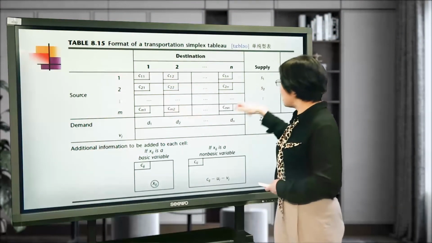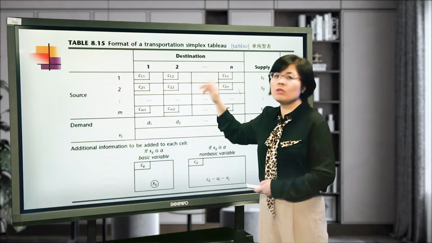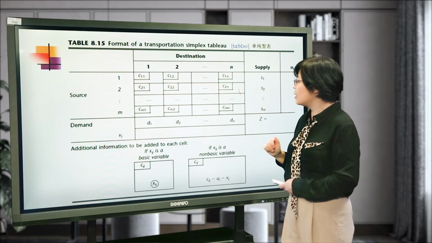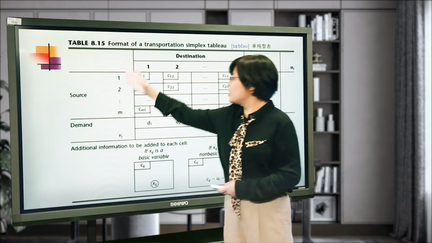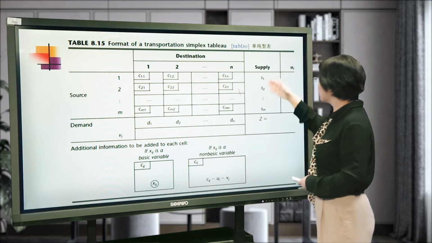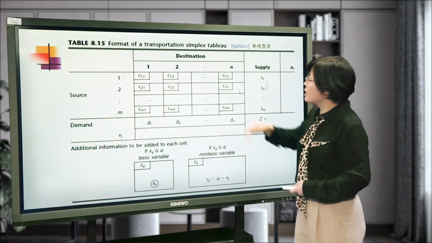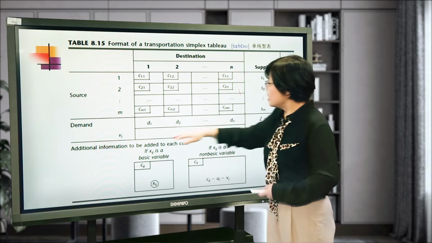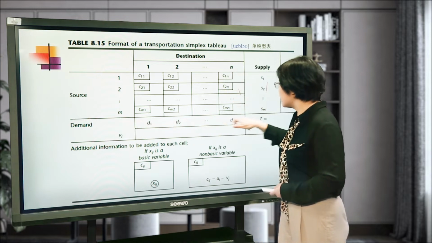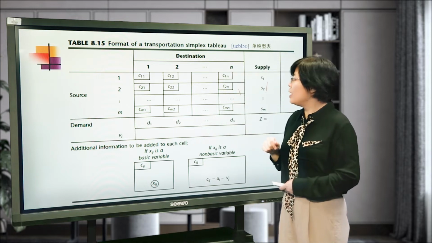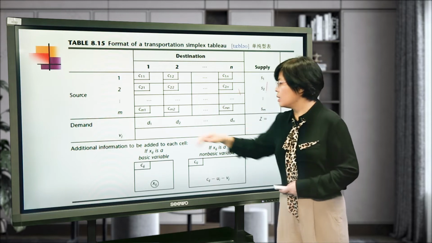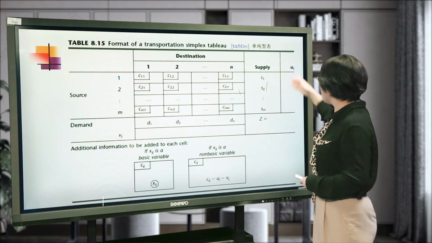The middle matrix is the unit cost. On the left is the source, on the right is the supply. On top is the destination, and here are the demands.